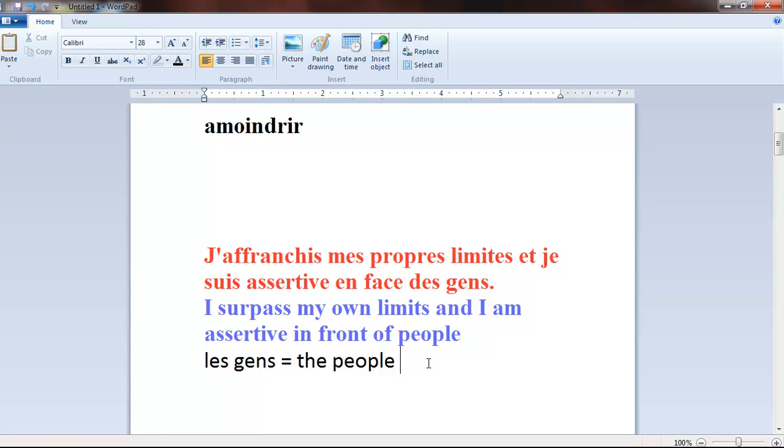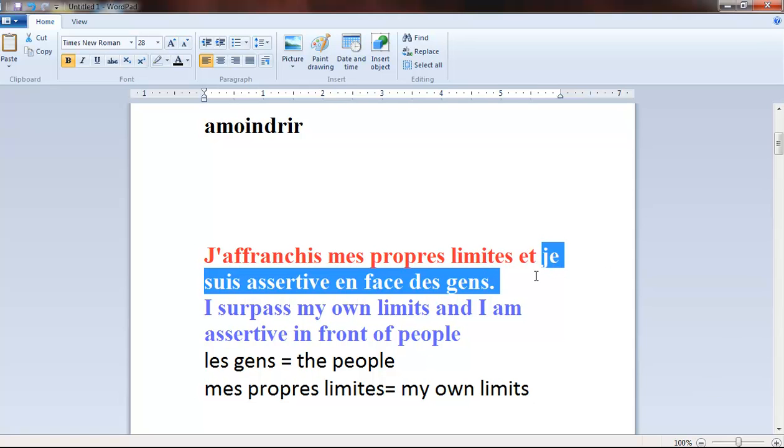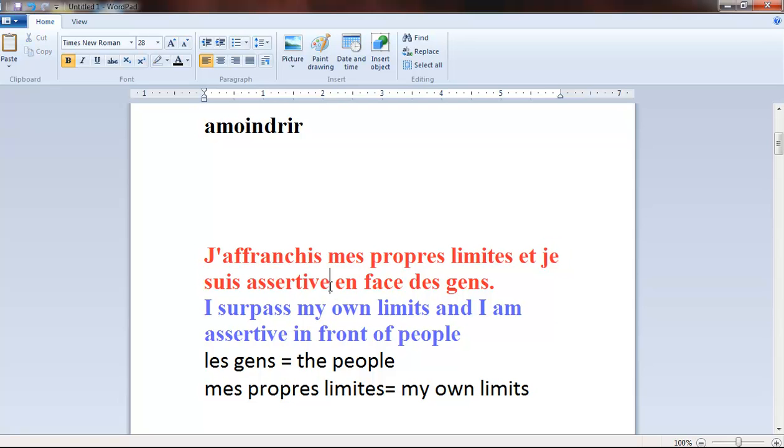Mes propres limites, my own limits. Je suis assertive, it means I am assertive. And en face des gens, it means in front of people. So once again, j'affranchis mes propres limites et je suis assertive en face des gens.